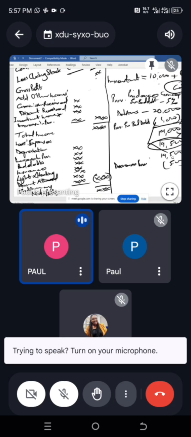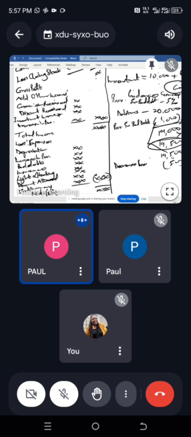Here we were supposed to remove 5% of the 19,500, but now we are removing a lesser figure. So the difference between the original figure and the reduced figure becomes revenue. Let me put it as revenue. Do you understand?